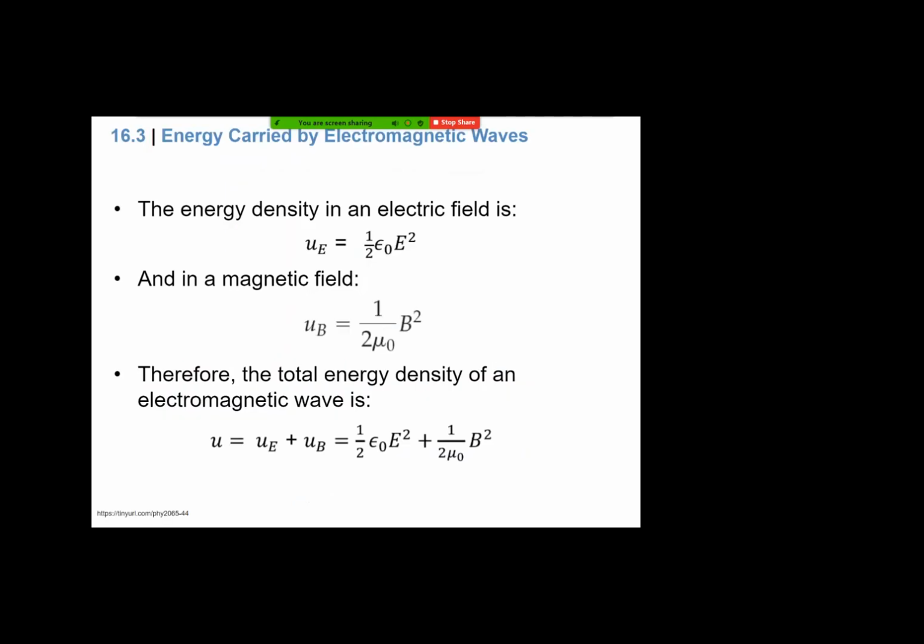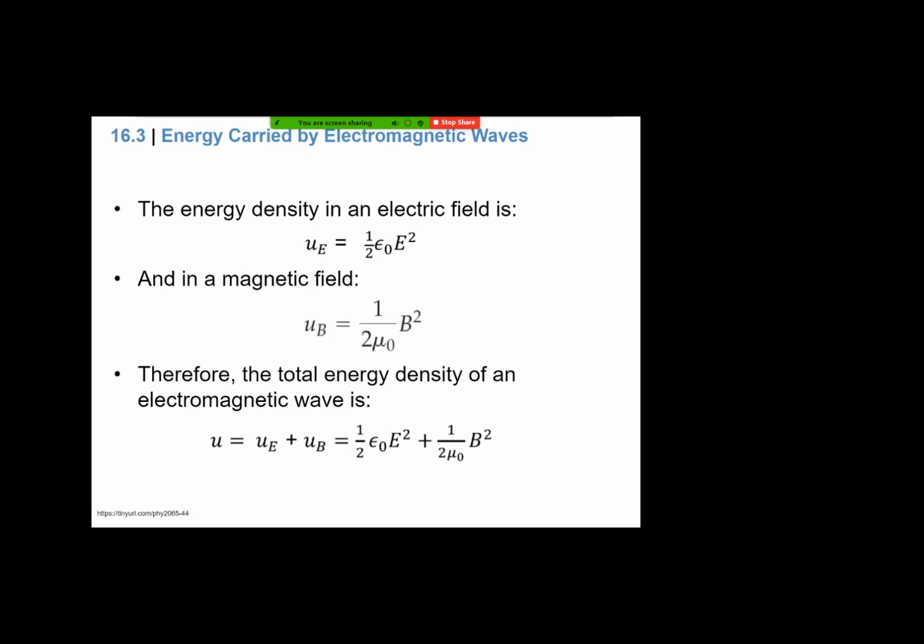For the energy of the EM waves, we learned earlier that the energy density in an electric field is proportional to the field squared. Similarly, the energy density in a magnetic field is proportional to the magnetic field squared. The two add up to 1/2 epsilon naught E field squared plus 1 over 2 mu naught B field squared.